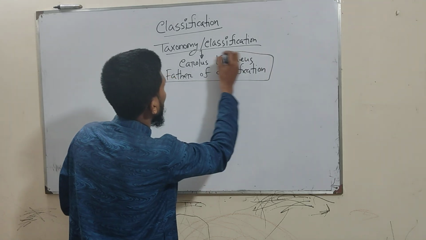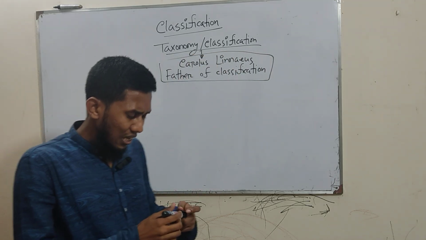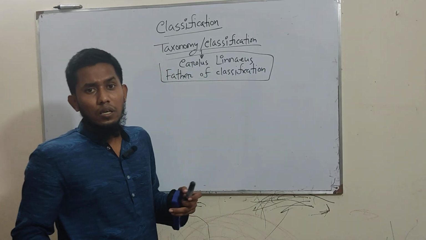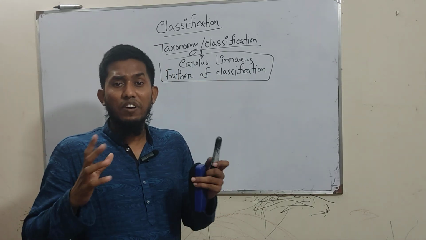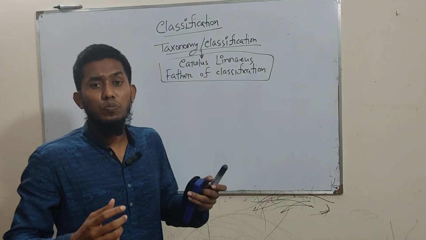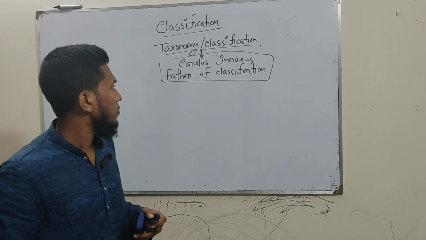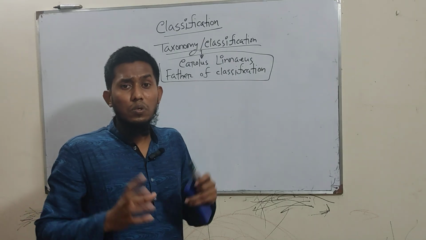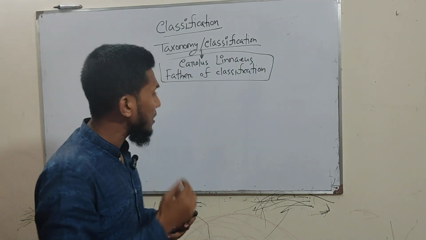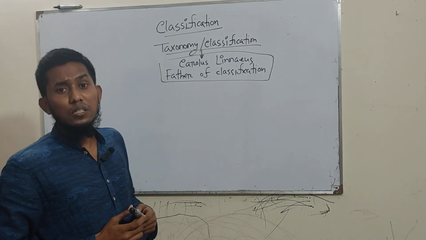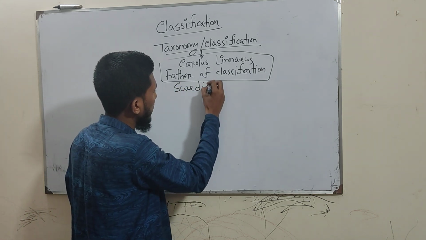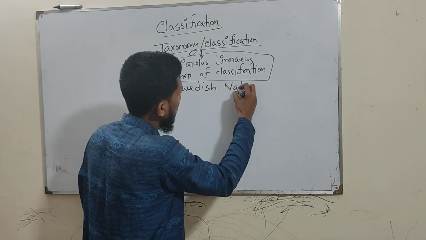Now, as a student of class 9, 10 or SSC, you have to know why Carolus Linnaeus plays a vital role, or the role of Linnaeus in taxonomy and nomenclature. To know about him we have to study his life. Carolus Linnaeus was a Swedish naturalist, so he is from Sweden.